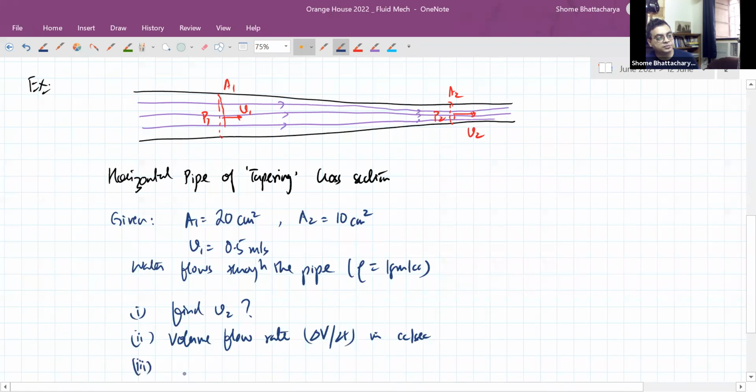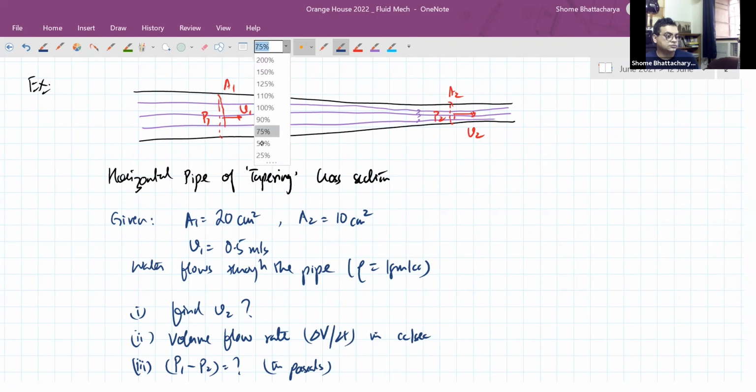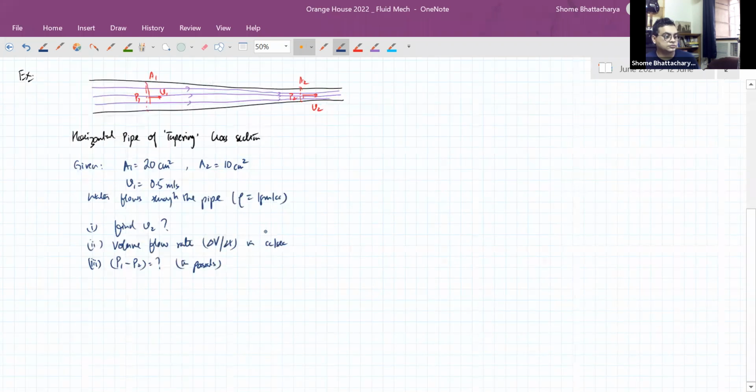Third, we want to find the pressure difference in pascals. So this is a direct application of Bernoulli's equation and the continuity equation.